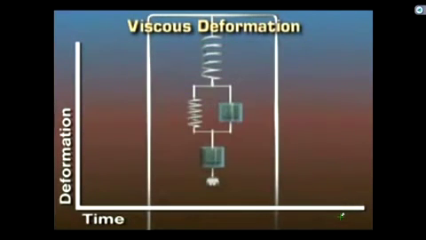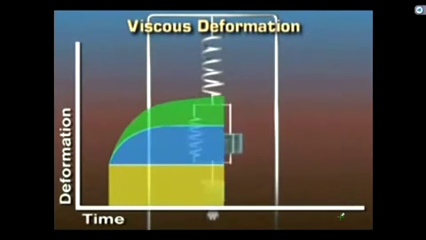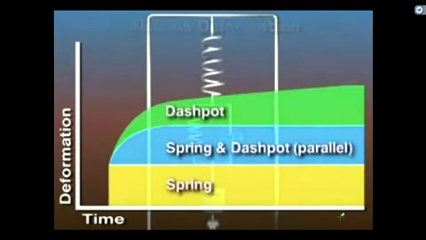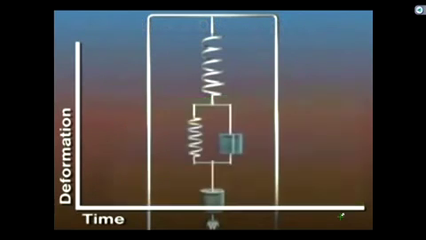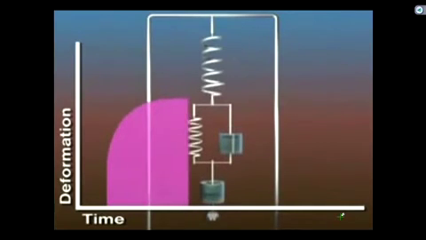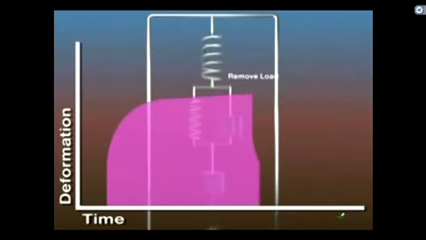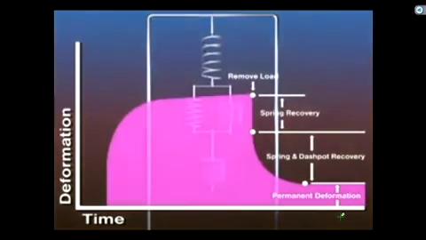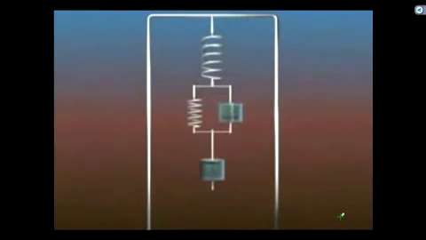The viscous deformation of the third component is added to the second component. This results in a model of the behavior of the loaded system over time. When the load is removed, the initial deformation of the spring is recovered. Then the deformation of the spring and dashpot is recovered over time. The deformation of the dashpot is never recovered. The result is a permanent deformation of the system.